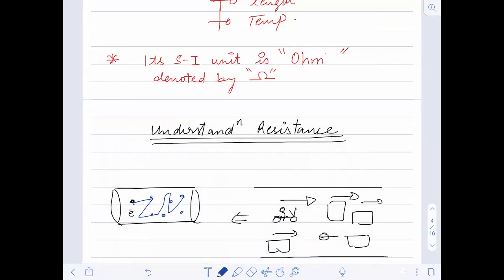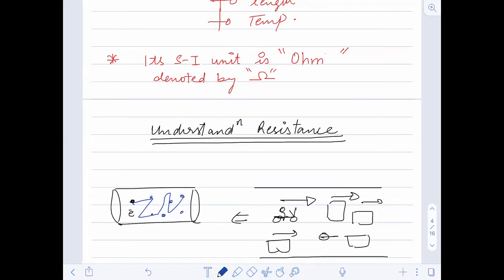So when this free electron is hitting another electron, and this electron is colliding with another electron, will it face any resistance or not? Yes.